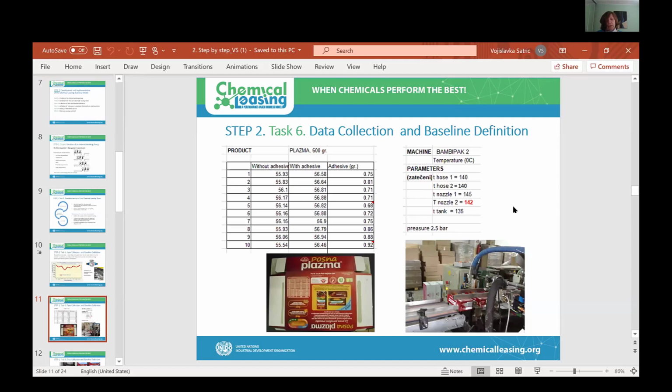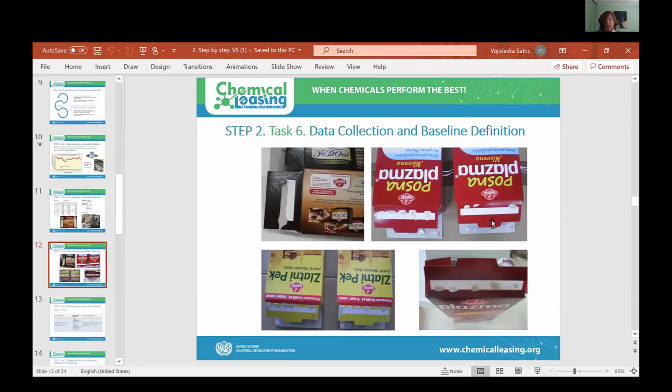And we measured consumption of adhesive, temperature, and we measured pressure on the line. And as you see, there are many types of boxes to be bonded, so we cannot do it in one day. So this task was really time-consuming in this case.